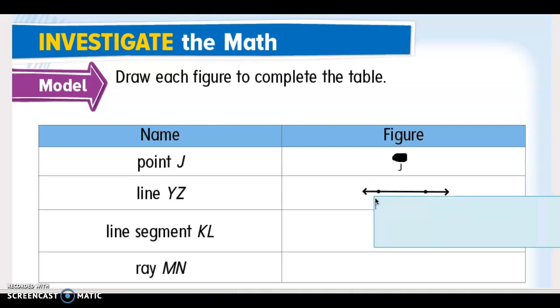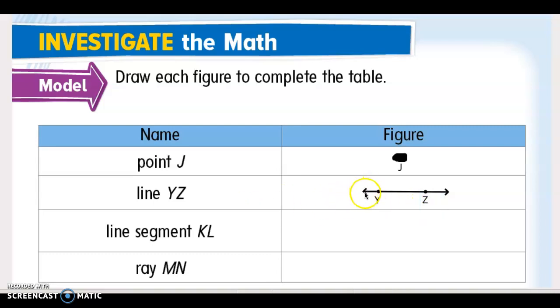One of these is point Y. And one of these is point Z. So now I have my line.